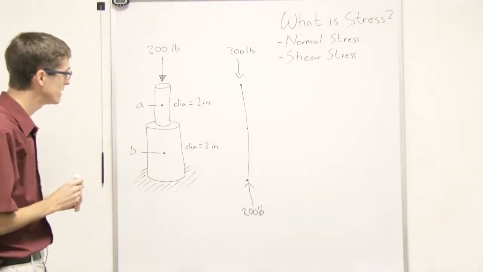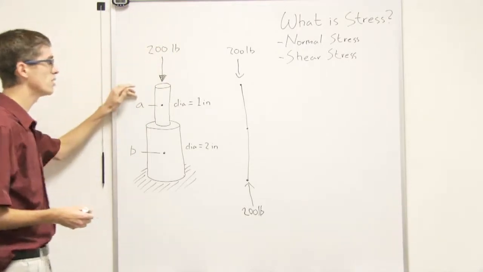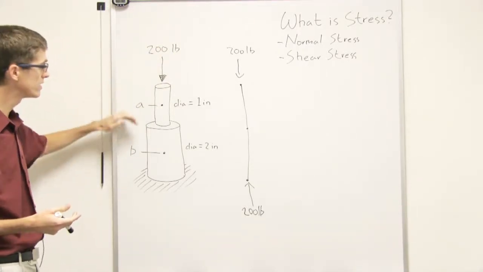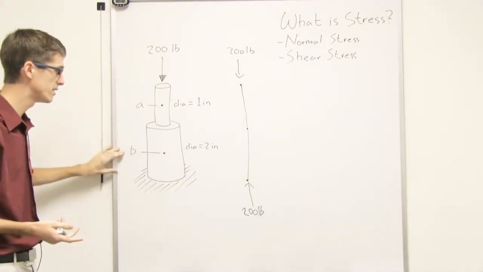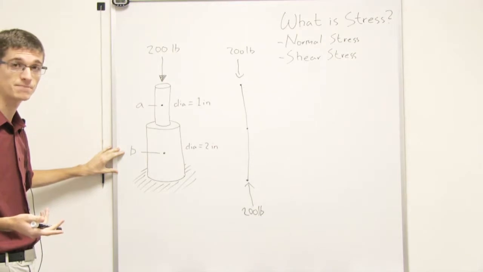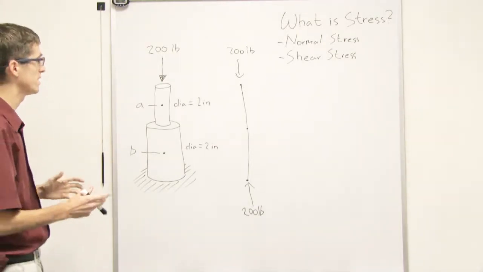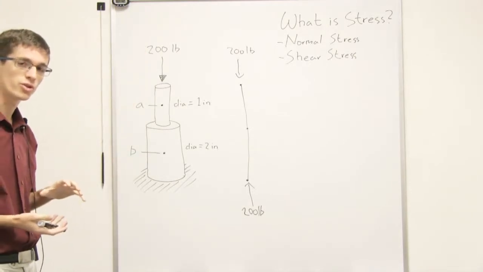And the reason for that is stress. This smaller piece has a greater stress going on inside of it, at point A for instance, than the piece down here with the bigger diameter. Stress is the amount of force over the cross-sectional area.